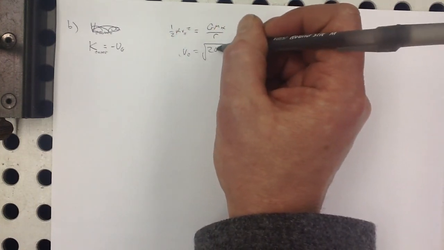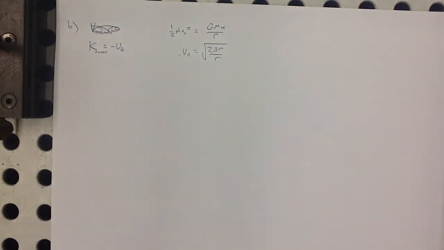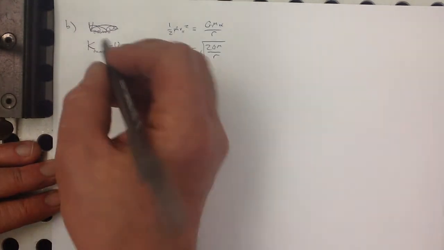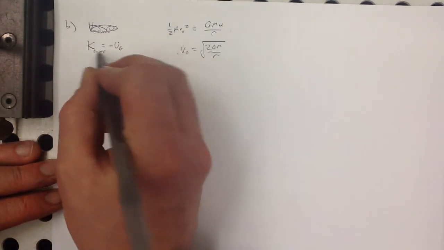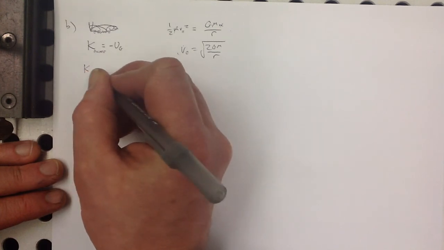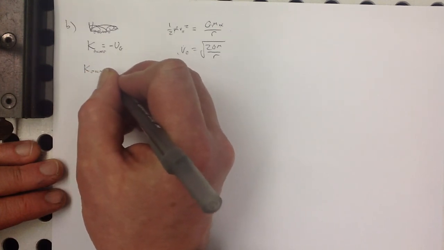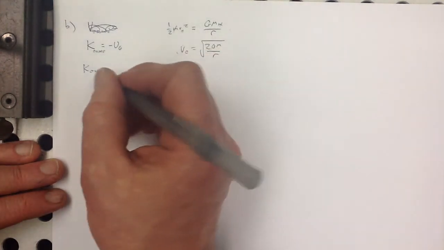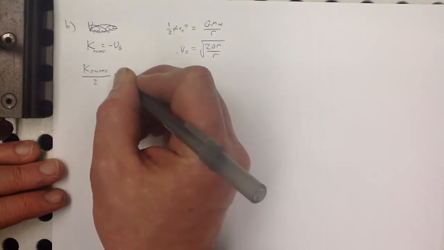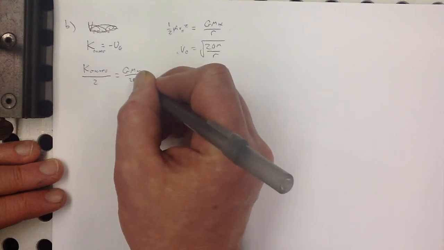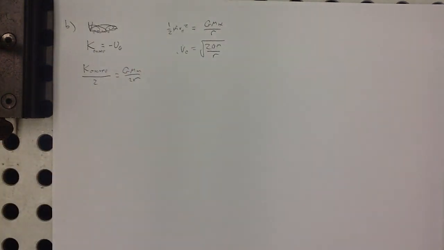So I'm not crazy. So here, that means the kinetic energy required to escape is equal to GMm over r, right? And if they want to only give us half that, then I have GMm over 2r, right?